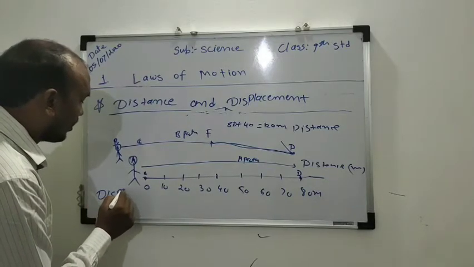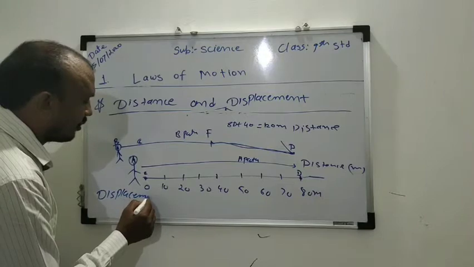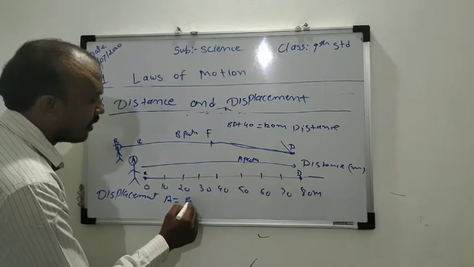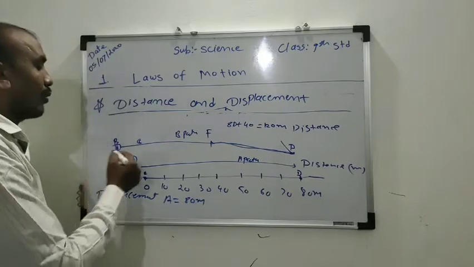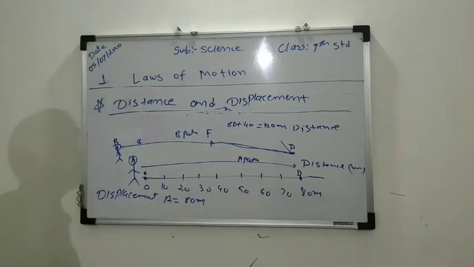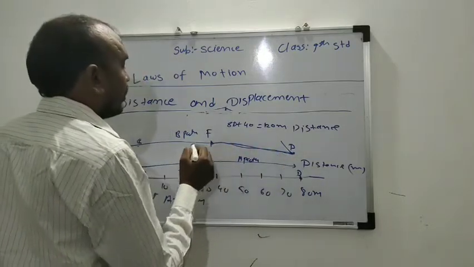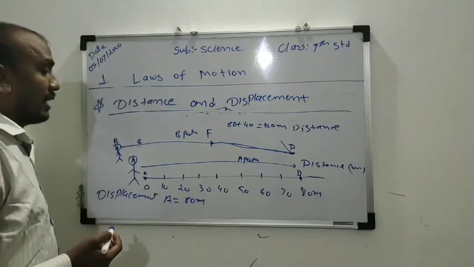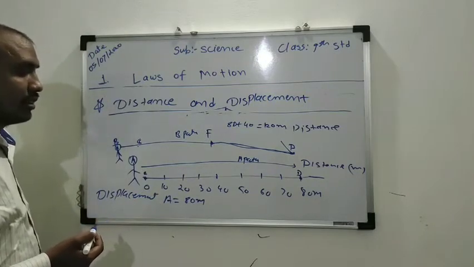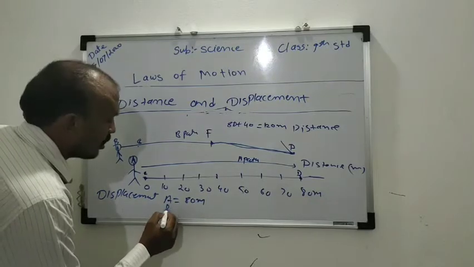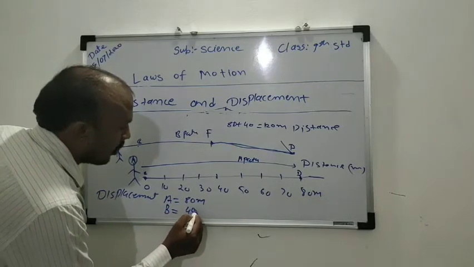For person A it is 80 meters. And what will person B's displacement be? Path B starts from C to D and reaches here, F. So what will be the displacement? Yes. What will be the displacement?